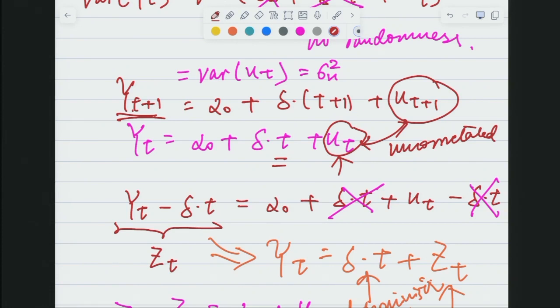We impose no restriction on them being correlated or uncorrelated. Okay? But the random walk, which is the accumulation of the white noise shock, okay, the white noise has zero correlation. So the random walk is a special case of a stochastic trend in the sense that it's the accumulation of a mean zero stationary process with zero correlation.